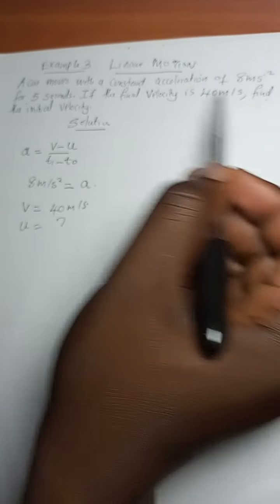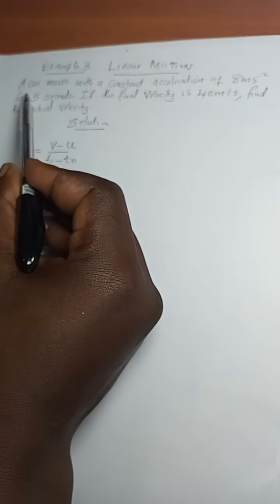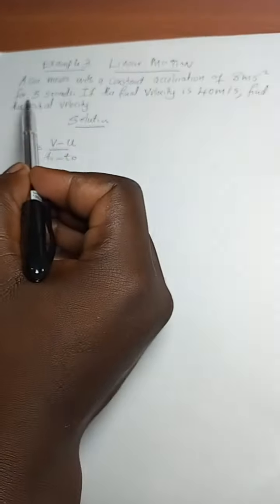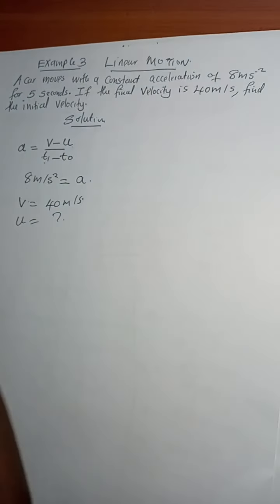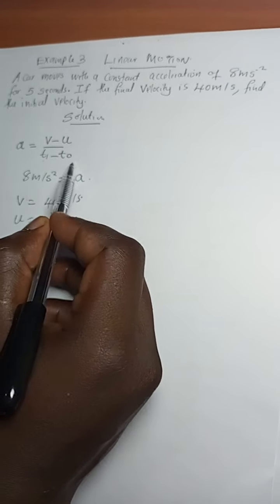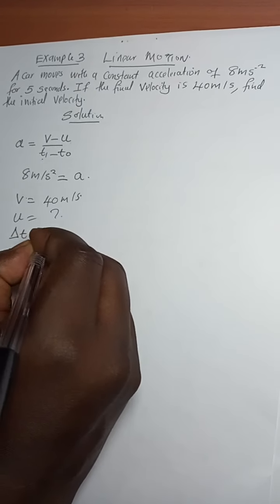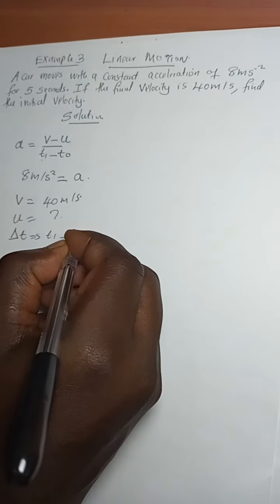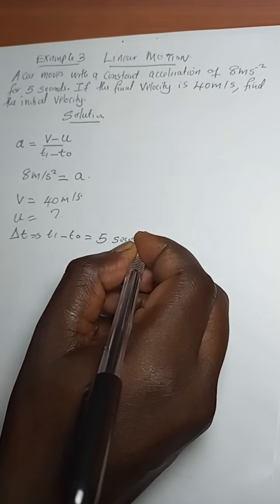We are being asked for the initial velocity, and we are told that it was moving at a constant acceleration for 5 seconds. So the change in time, which is t1 minus t0, is equal to 5 seconds.